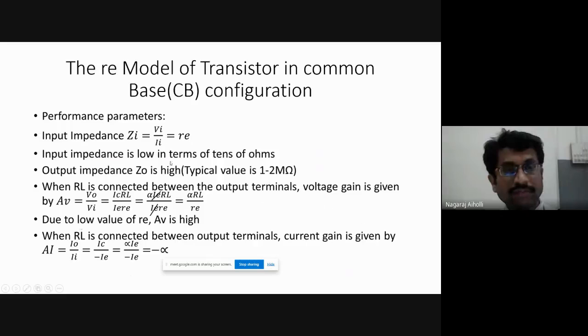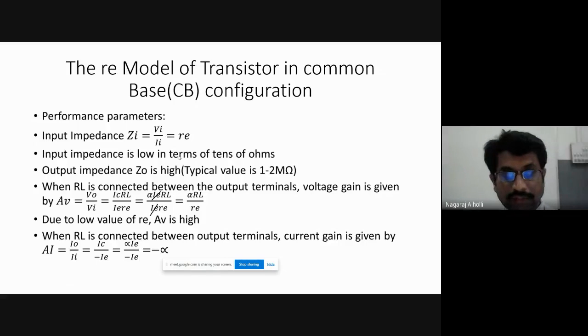This input impedance for the common base configuration is low, in terms of a few ohms, around 50 to 100 ohms. Then the output impedance is high. Its typical value is 1 to 2 mega ohms.